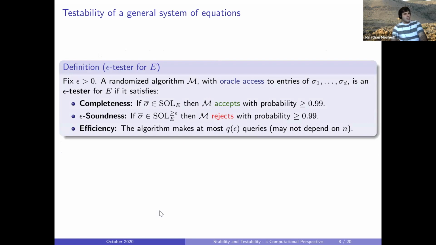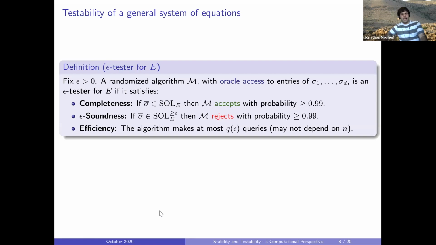I do need to mention, this is pretty much the exact definition we used for xy equals yx, just generalized to a general system of equations E. When I say that the algorithm is allowed to query the entries of the permutations, we also mean that it's allowed to query entries of their inverses.